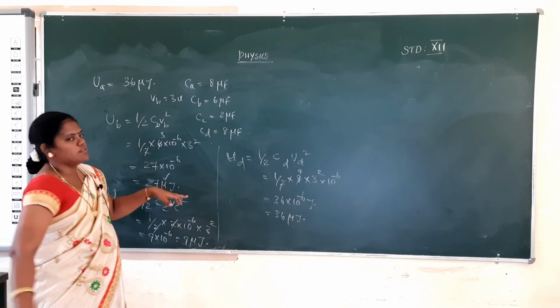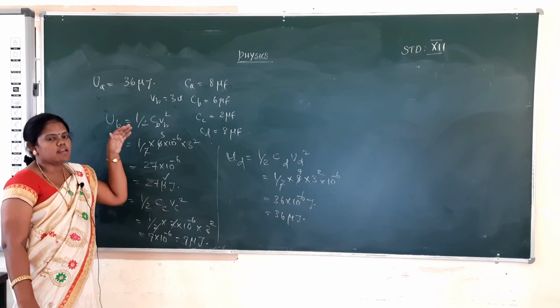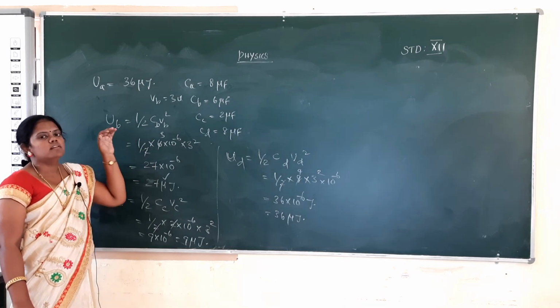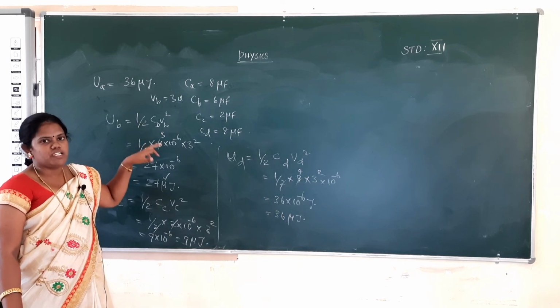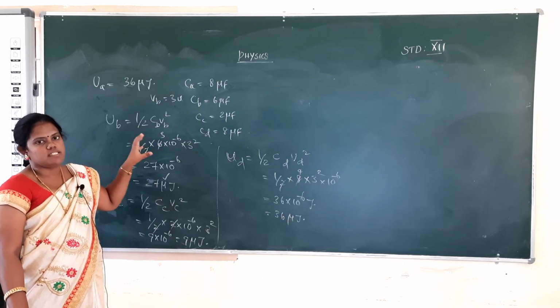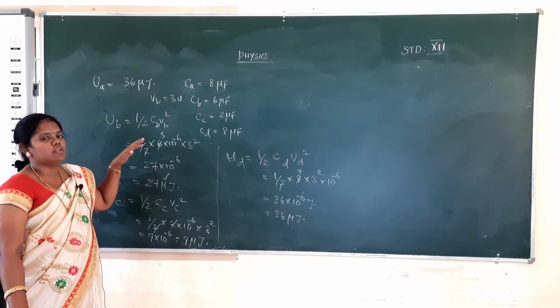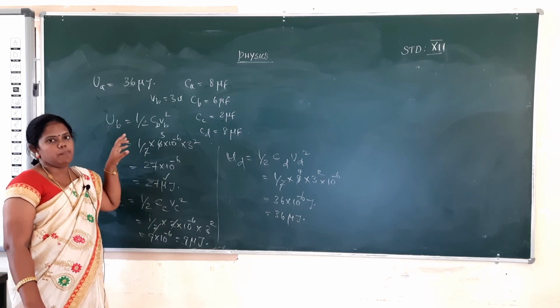This is the D value. In the same way we found the energy stored in capacitors A, B, C, D. So in this problem we calculated the charge on capacitors A, B, C, D, then the potential differences across them, and then the energy stored in them.